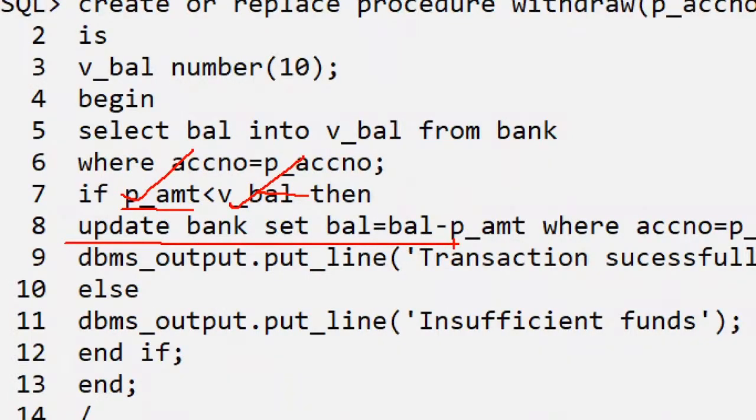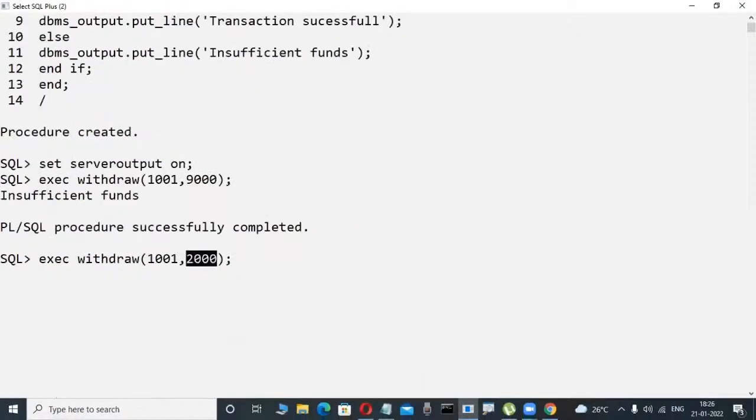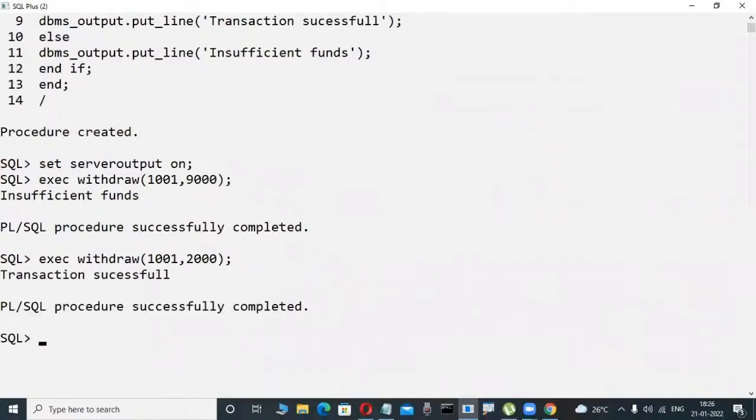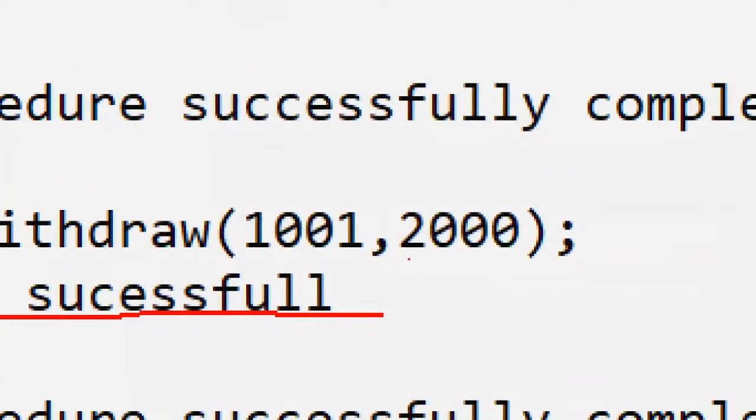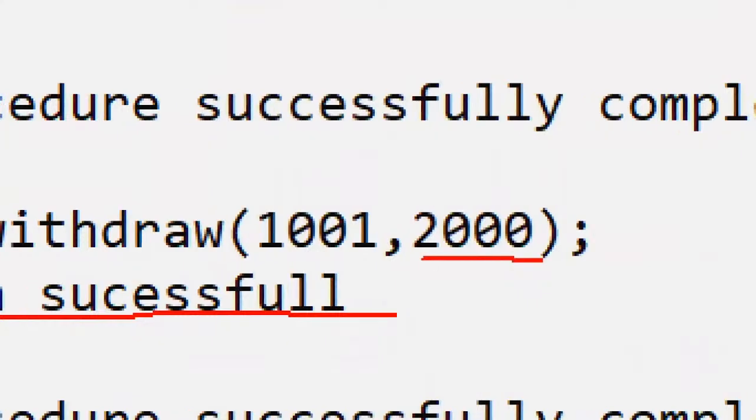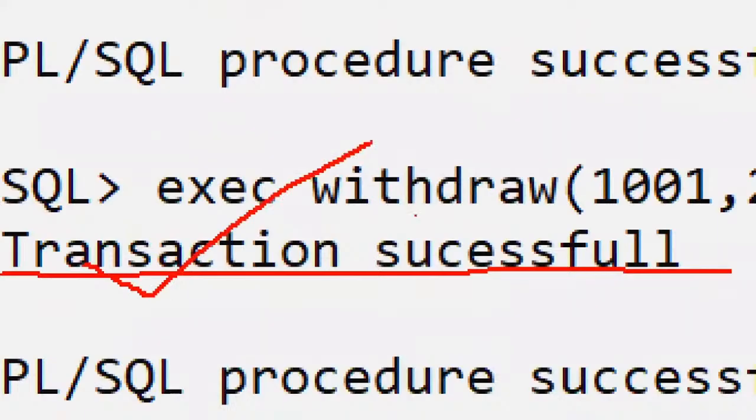Updating means modifying it. Transaction is successful. Now whenever I execute, I want it to automatically display transaction successful. You try to withdraw 2,000 rupees from 3,000 rupees. Is it possible? Yes, transaction is successful.